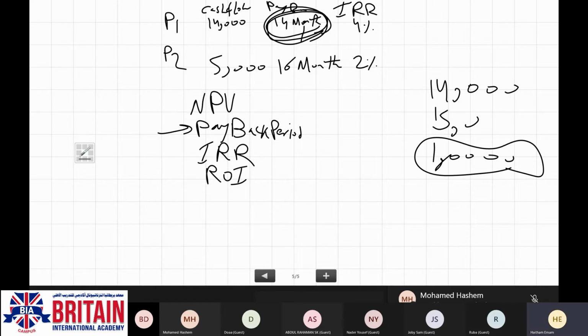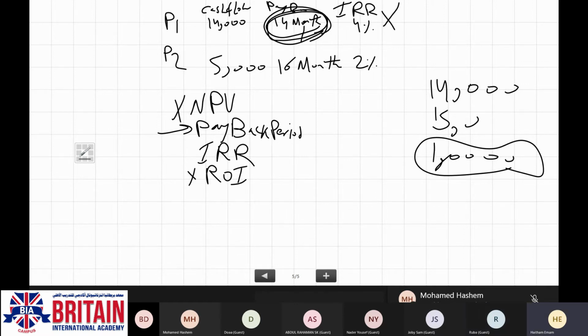If you forget about the IRR factor, and you don't have the NPV or ROI, and you are comparing the projects only based on the payback period, you are going to select the project which has the shorter payback period. Okay?